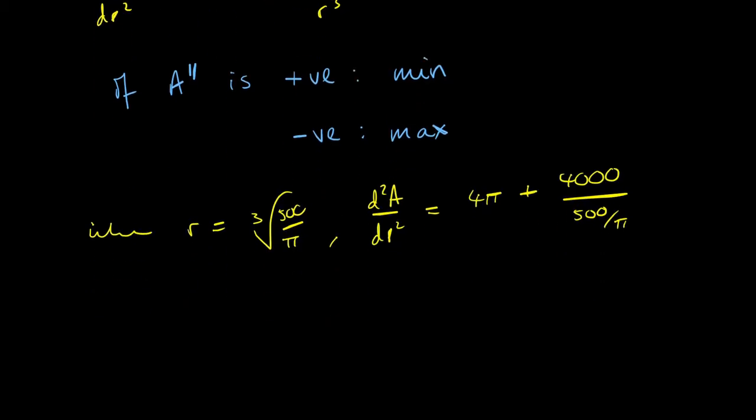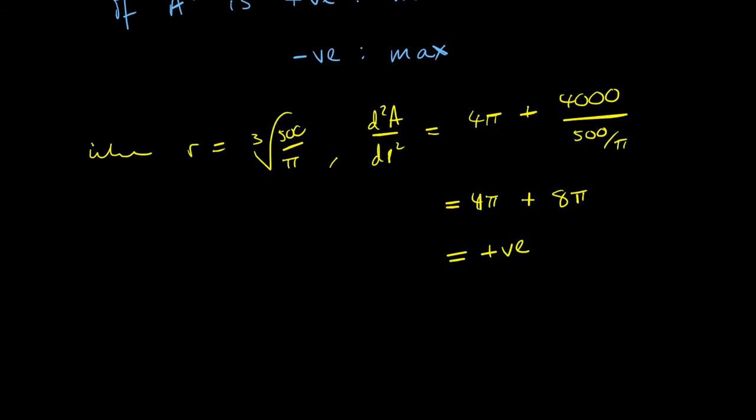And I think that's going to be 4 pi plus 8 pi. In a way, it actually doesn't matter. The important thing is that we've got a positive number. And if we've got a positive number, therefore we can say we have a minimum at that point. Okay, so let me just substitute the value for r into the calculator, so we should get the decimal value. Let me just find out what that is.